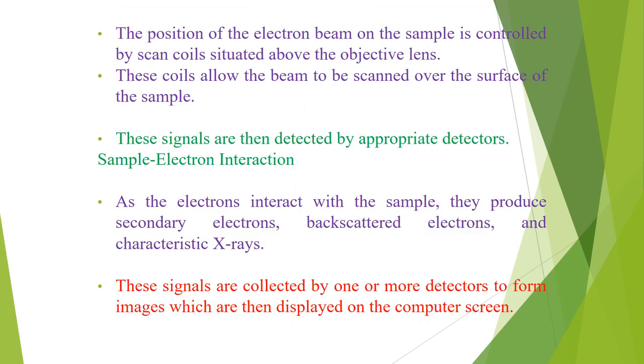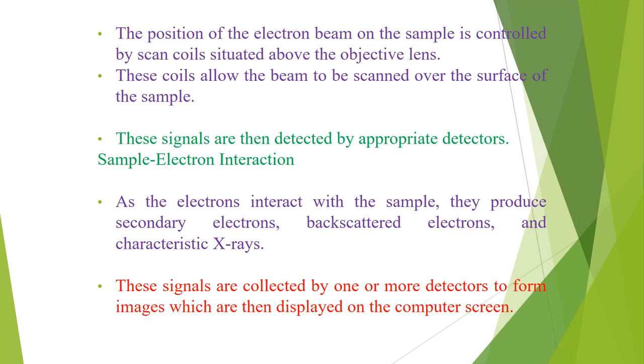The position of the electron beam on the sample is controlled by a scan coil situated above the objective lens. These coils allow the beam to be scanned over the surface of the sample.